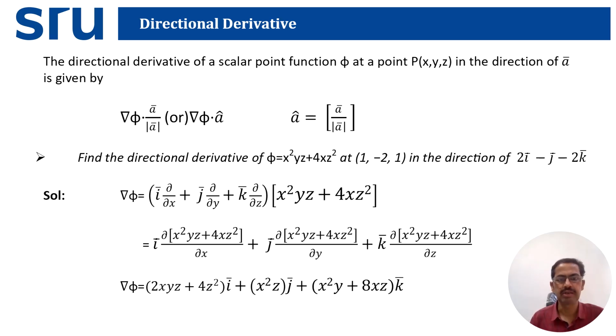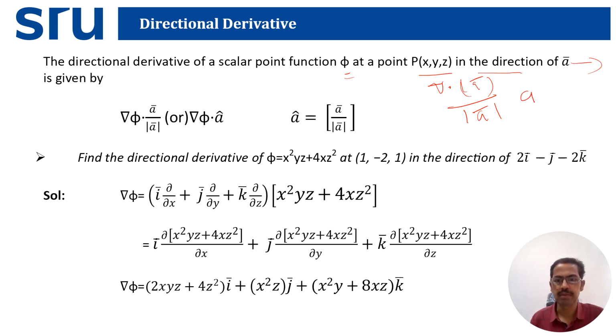The directional derivative of a scalar point function phi at a point P(x, y, z) in the direction of a vector a bar is given by del phi dot a bar by the magnitude of a bar.